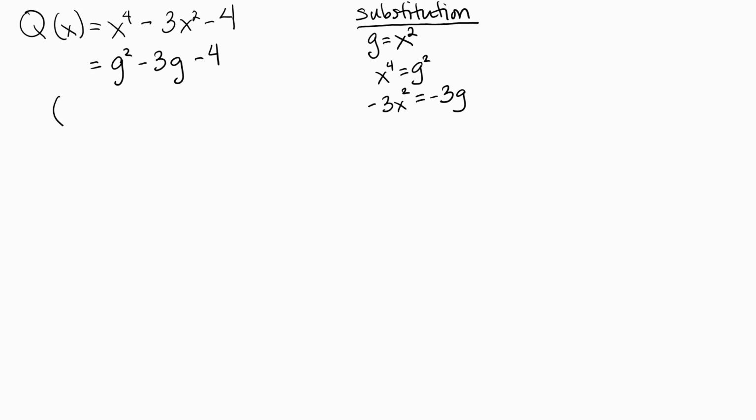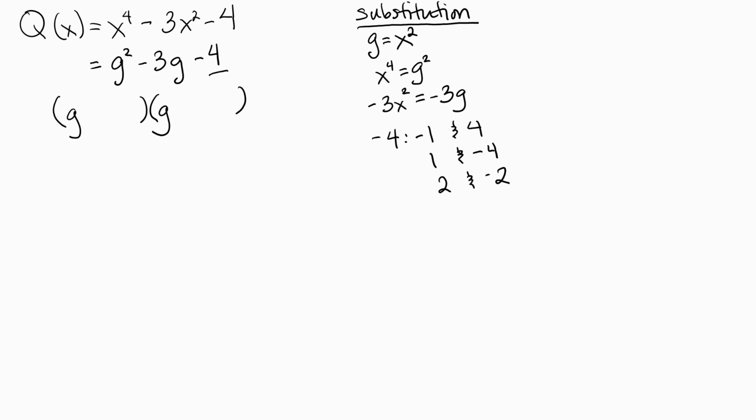So let's start factoring. I see that my g has no negative in front of it, so I can safely assume it's going to be g and g. Then to get the second values, I am going to use that negative 4 at the end and find all the factors for it. To get to negative 4, I could do negative 1 and positive 4, or positive 1 and negative 4, or 2 and negative 2.